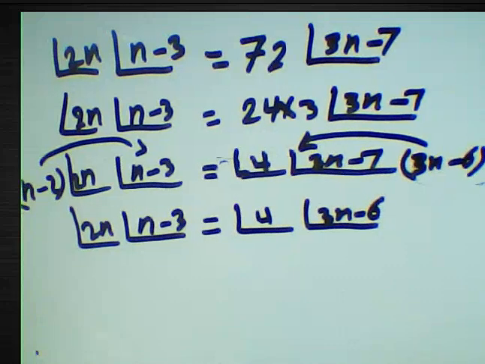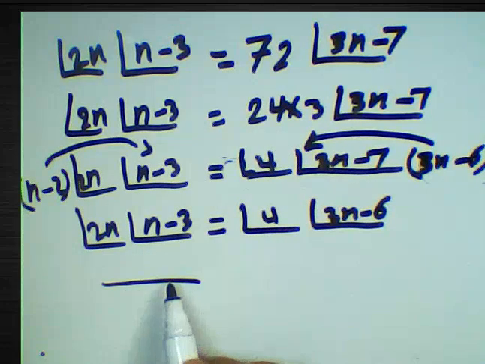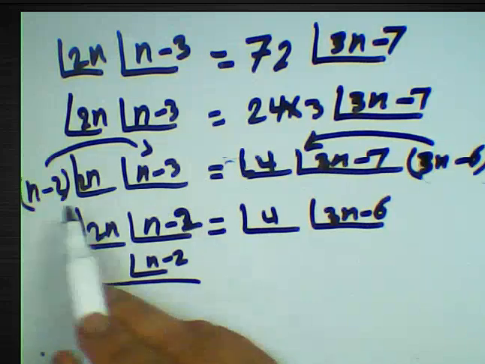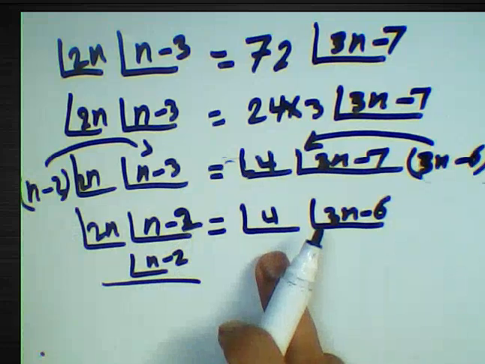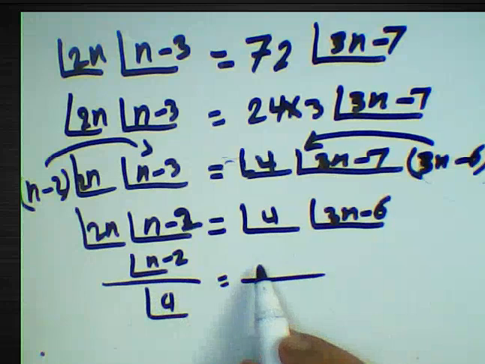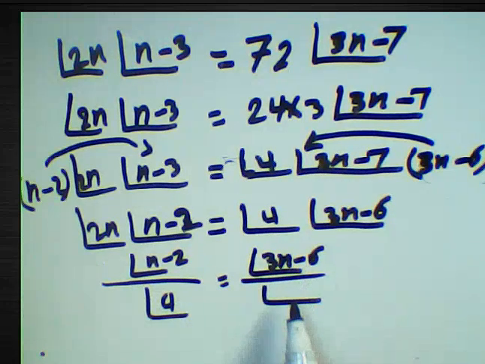Understood? Then we can write on the top (n−2)! over 4!, and write (3n−6)! over (2n)!, and then we can convert from factorial to permutation.